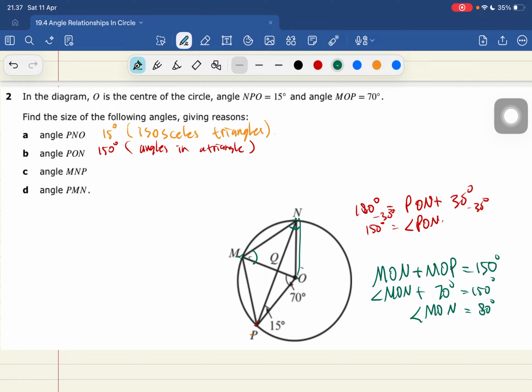They are radii, so they are an isosceles triangle.